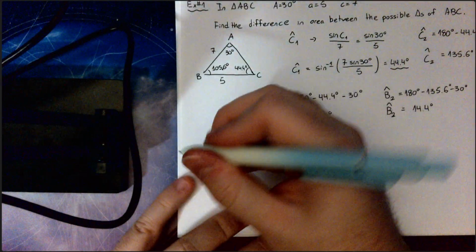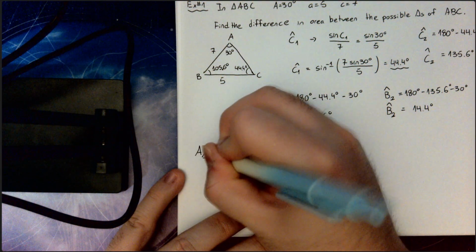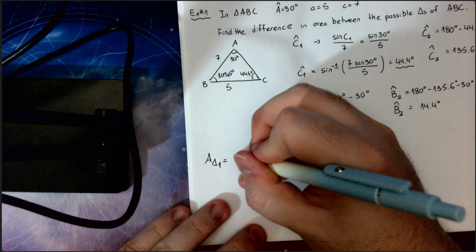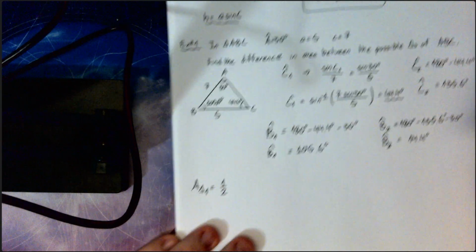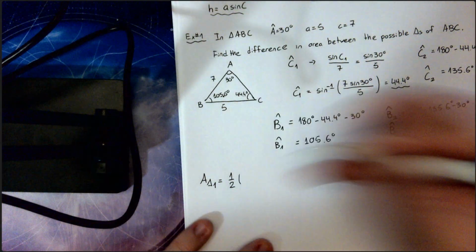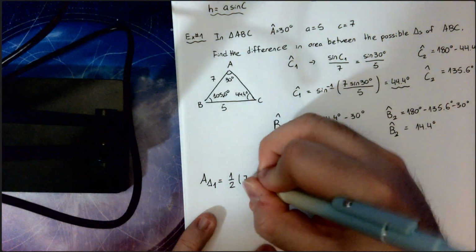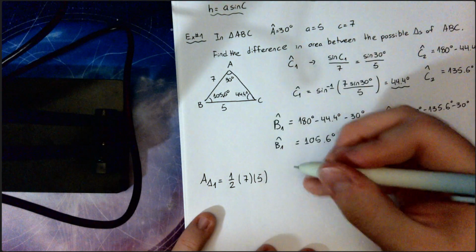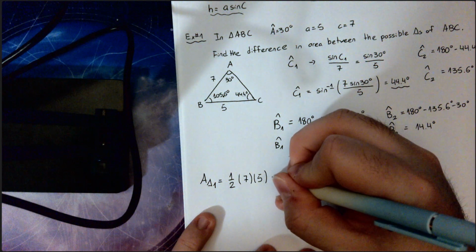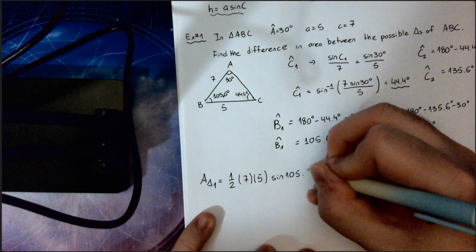So now, calculating the area of triangle number 1 is going to be 1 over 2. So using my formulas from up here, it's going to be half times the length of the two sides that I was given at the beginning, and the contained angle, which I've now calculated, at the sine of 105.6.